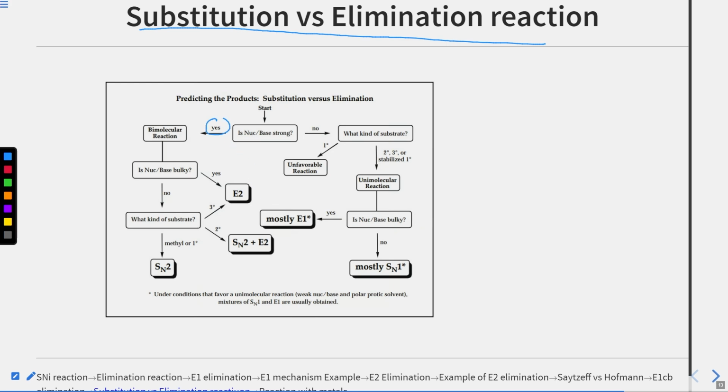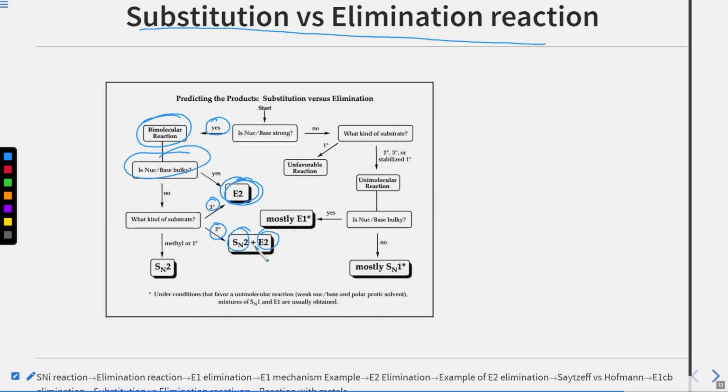First, if the nucleophile or base is strong, then it will give a bimolecular reaction. Now if your base is strong and bulky both, then it will give E2 elimination. If it is not bulky but the substrate is bulky, that is 3 degree or 2 degree, then it will give E2 elimination for 3 degree, and for 2 degree it will give SN2 plus E2.